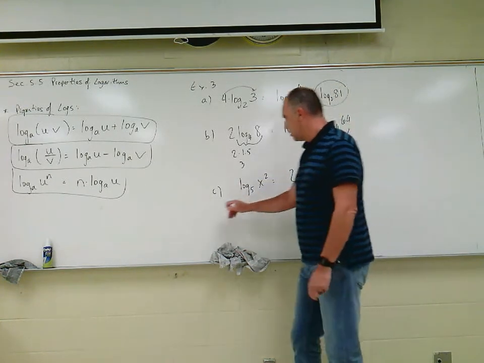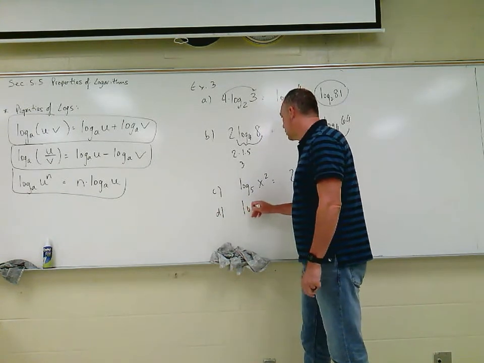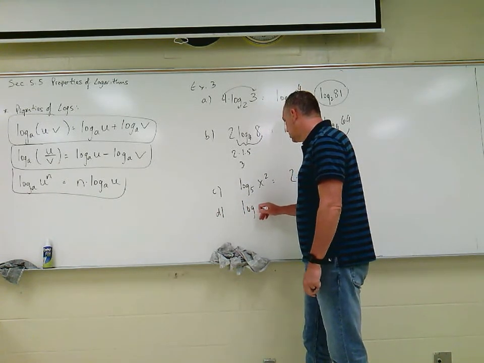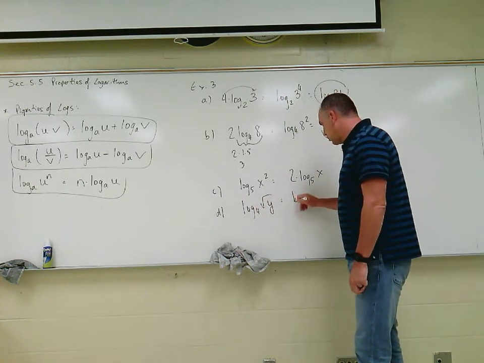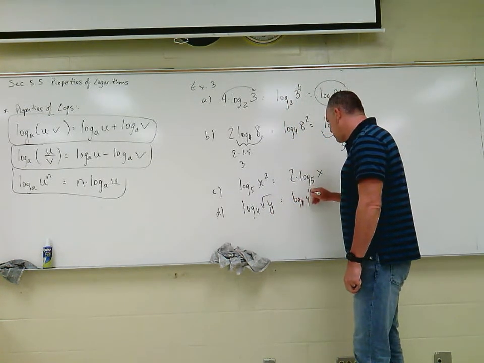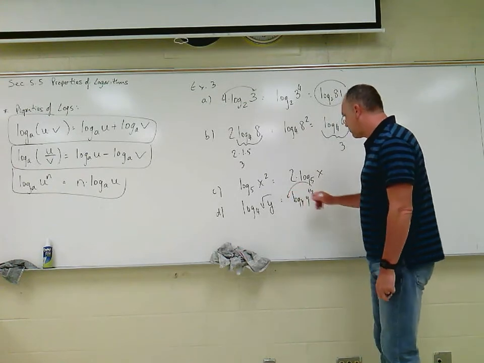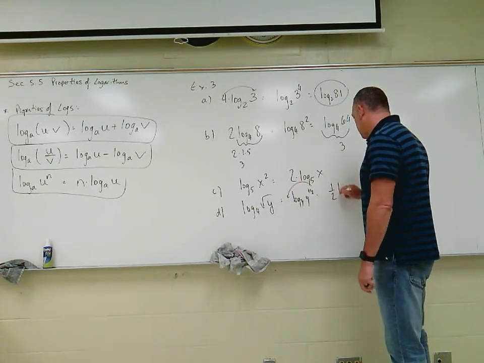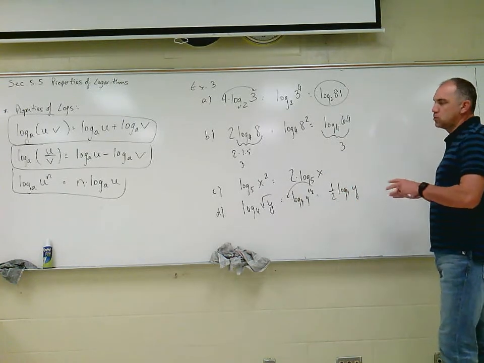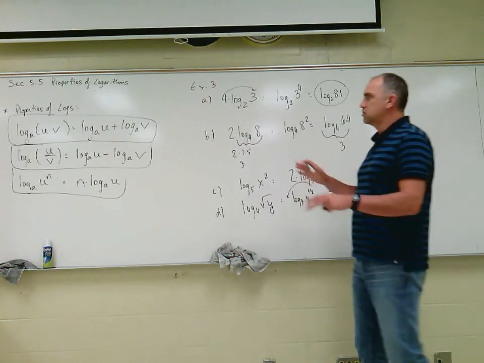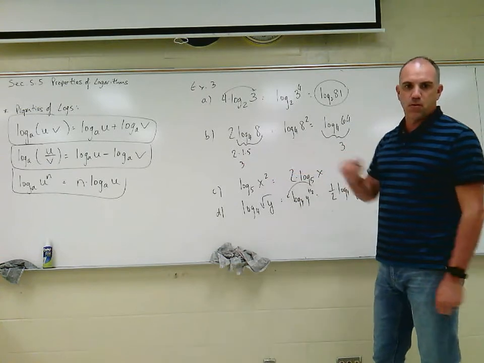One other one: let's say I have log base 4 of the square root of y. Since square root is the same as to the 1/2 power, that 1/2 can move in front. There's your equivalent. I'm just showing you the equivalencies, how that third property can be used.